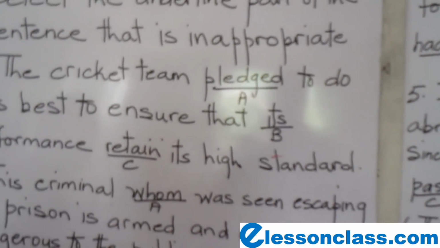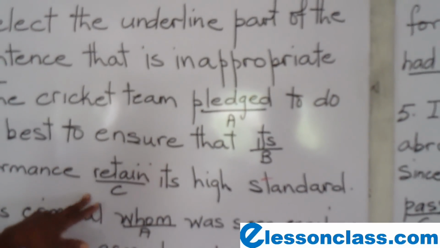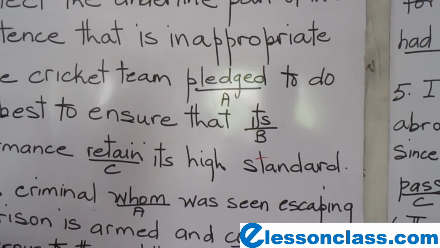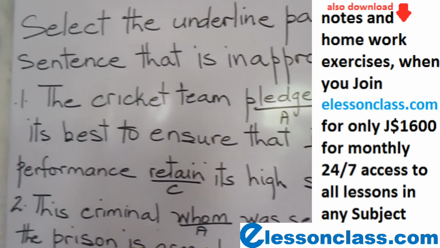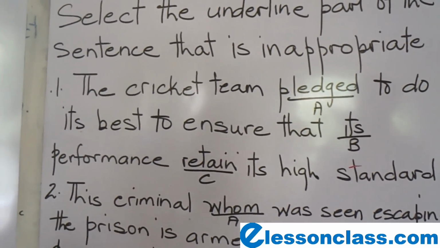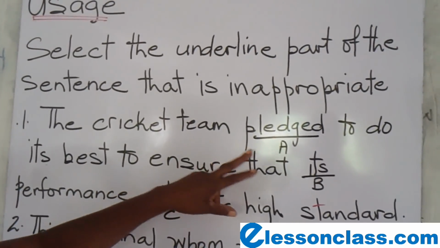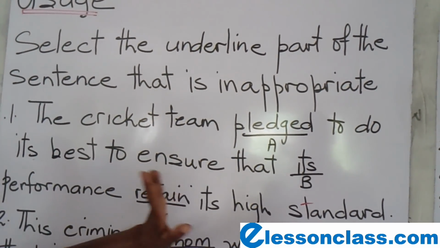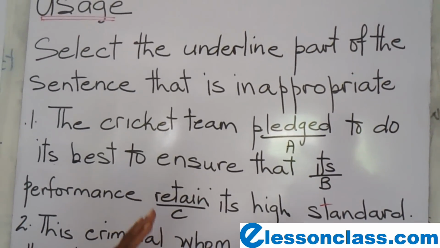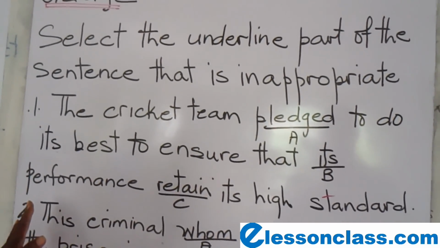If there is nothing wrong, I will move on to the next word and see if there's an error. However, if there's no error, then I know that I am going to shade in the letter D. Now in this sentence, I would think that the word pledged is correctly used, to do its best to ensure that it is also correctly used, its performance.